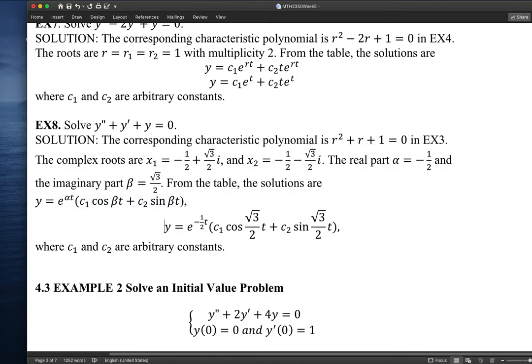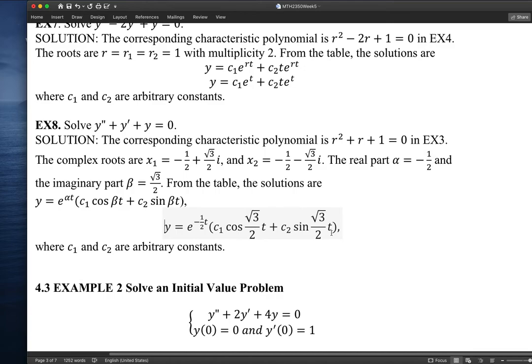Specifically, when we plug in negative 1/2 for alpha and square root 3/2 for beta, this is the solution I'm having here. The second order linear homogeneous differential equation with constant coefficients and the matching characteristic polynomial.